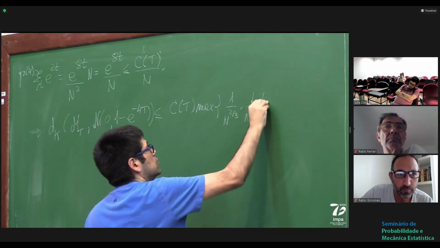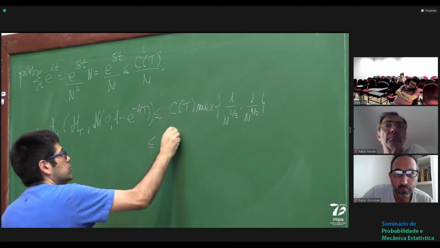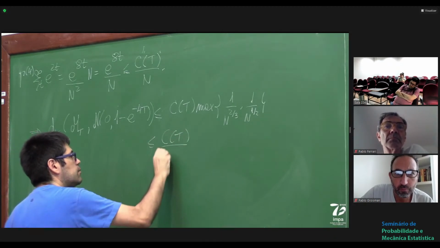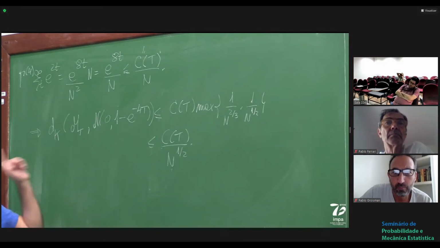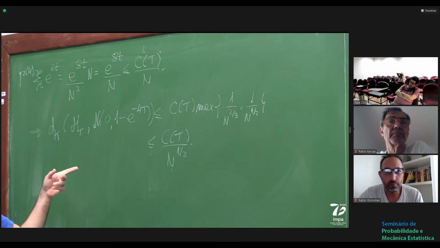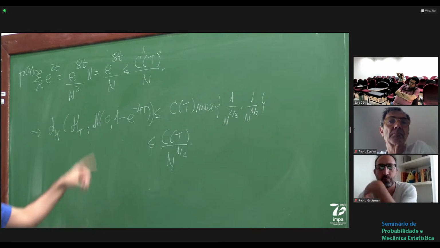So we get a bound of the form C of t divided by n to the 1/2. So this bound is actually sharp. This is actually the right bound, 1 over square root of n.